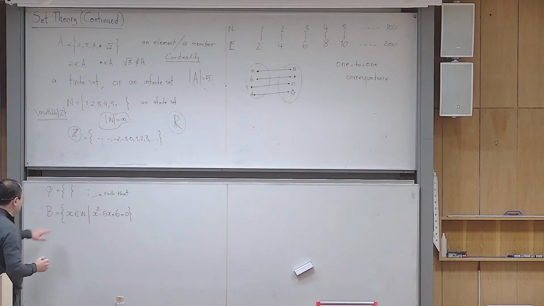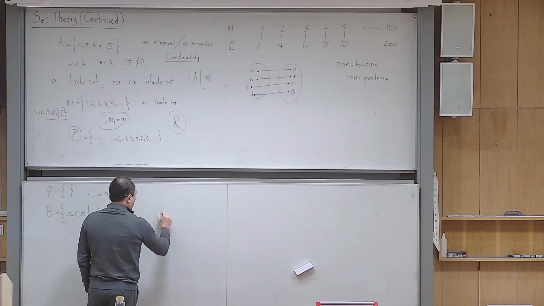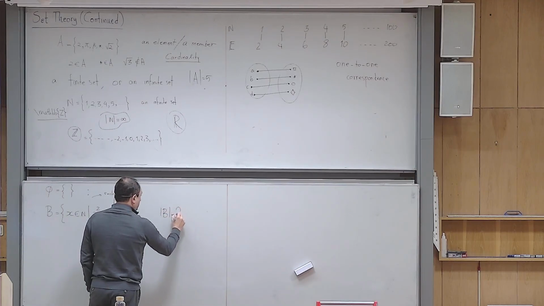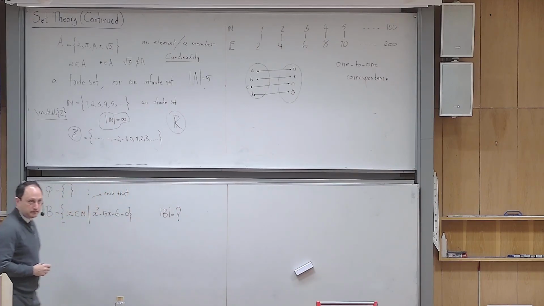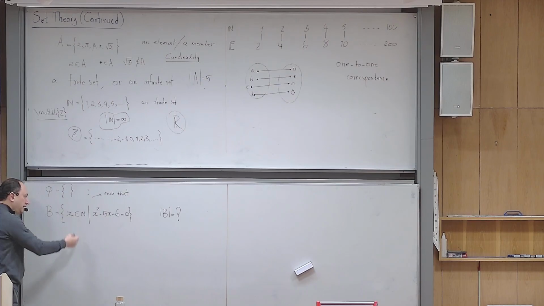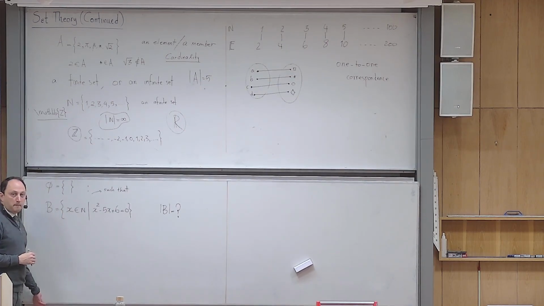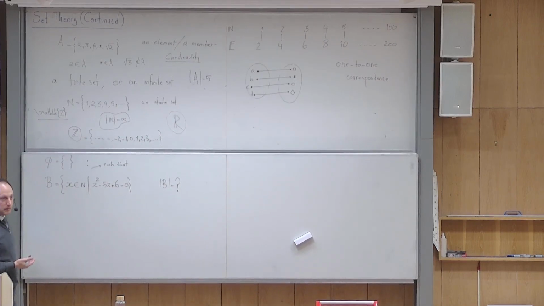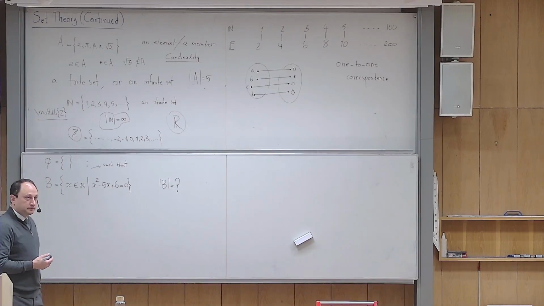For example, I can give you this set, and I can ask you what is the cardinality of this set. For finding the cardinality, you need to know the number of elements that are in this set. So what is your suggestion for me? How should I answer this question? Yes, you can solve for x.